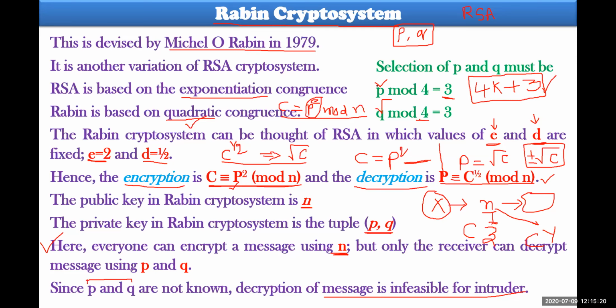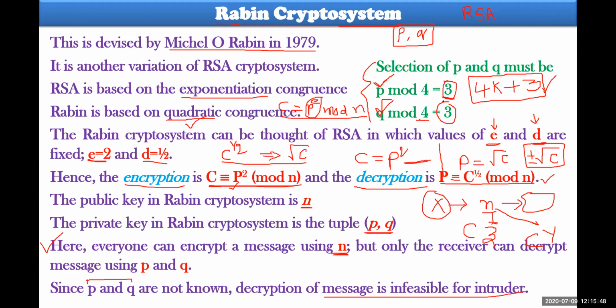If you select any prime number, modulo division by 4 must give the remainder 3. Q must also be selected such that Q modulus 4 gives the remainder 3. This is the specific restriction while selecting the values of P and Q.